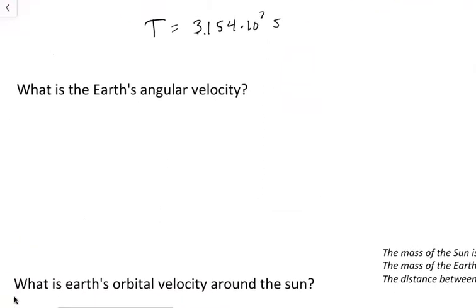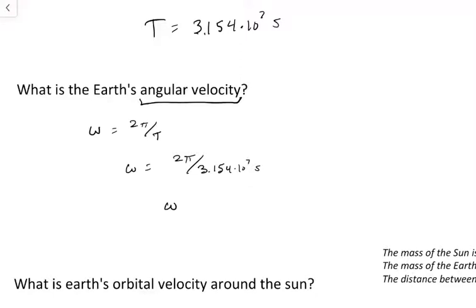What is Earth's angular velocity? Recognizing angular velocity is omega, like a puffy W, and that's equal to 2 pi divided by the time period. So I'm going to say omega is 2 pi divided by 3.154 times 10 to the 7th. Recognize that although I'm using the rounded number, I'm using the actual number in my calculator.